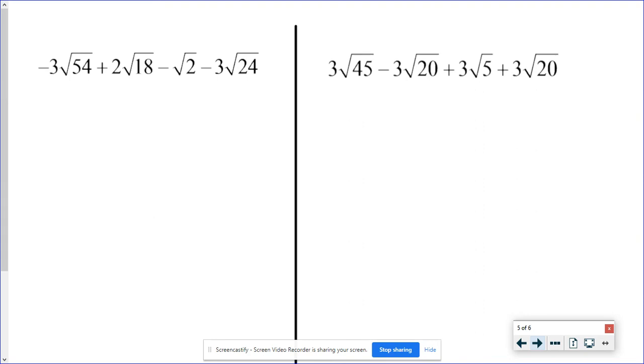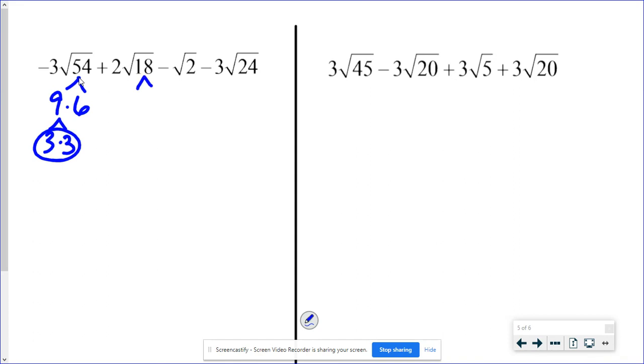In these last two problems, we've got 4 terms in each of these. So, again, not a whole lot of creativity because we're trying to keep our numbers rather small and still have common parts that'll work here. So 54 is going to be 9 and 6. I'm not going to bother trying to break down the 6.